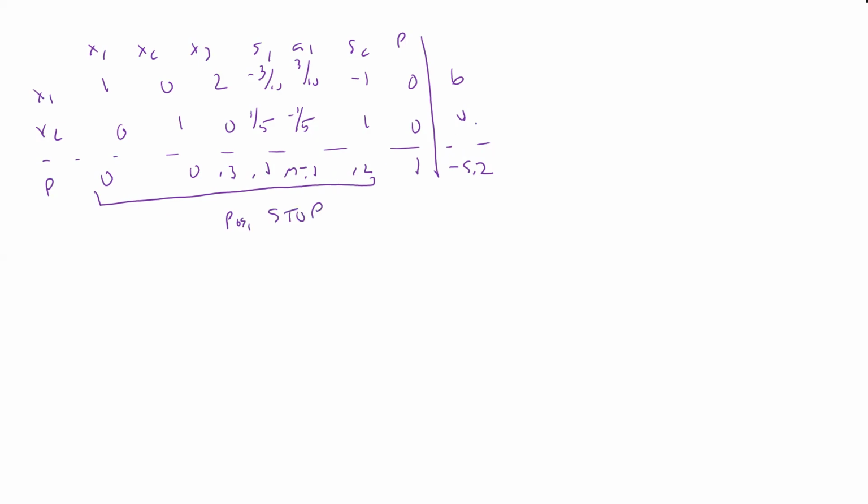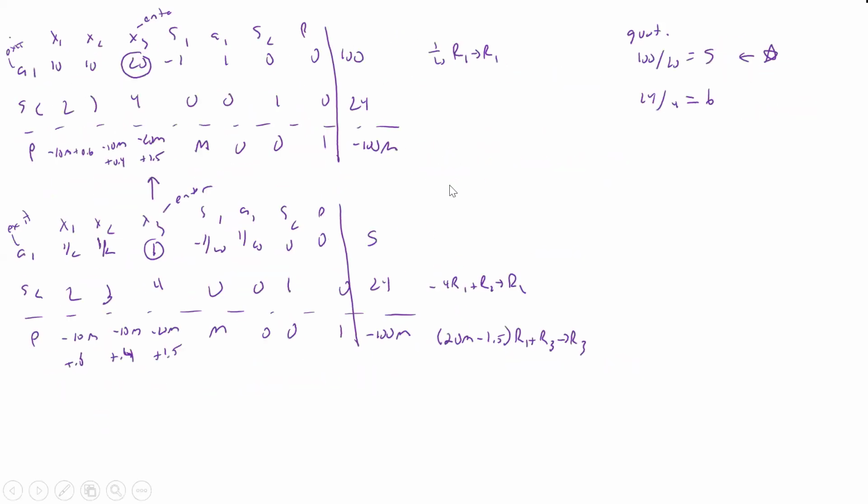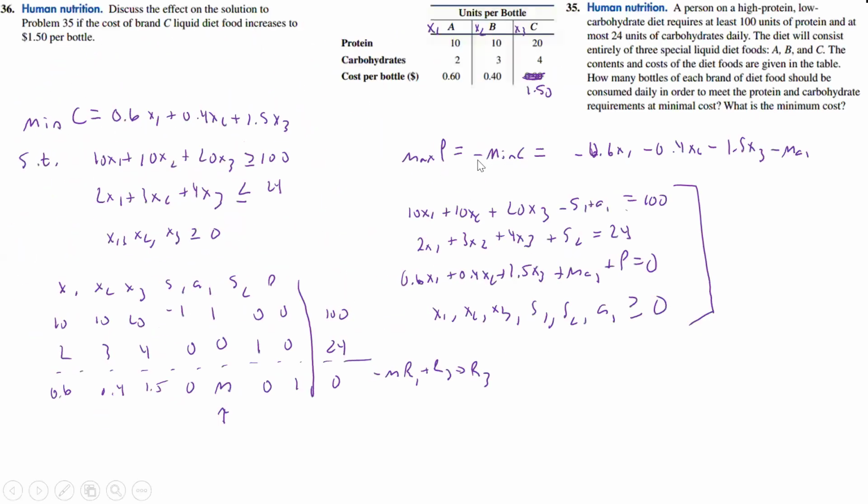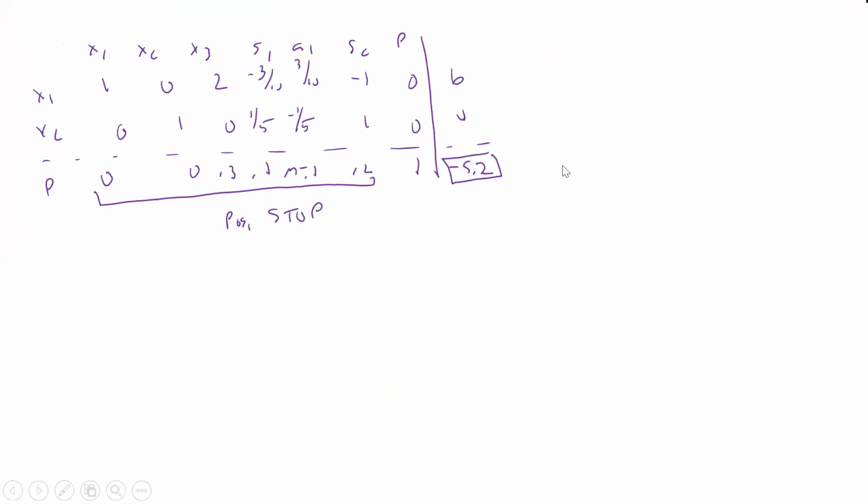And so now what do we have? Now remember, what we have is going to be the opposite, because over here, wherever that was, we did max P, which is what we just did, and it's going to be the opposite of this. So it's going to be min C, and min C is equal to the opposite of this, which is 5.2. Okay. Now, what is that? That's the cost, so we better put that as a dollar.